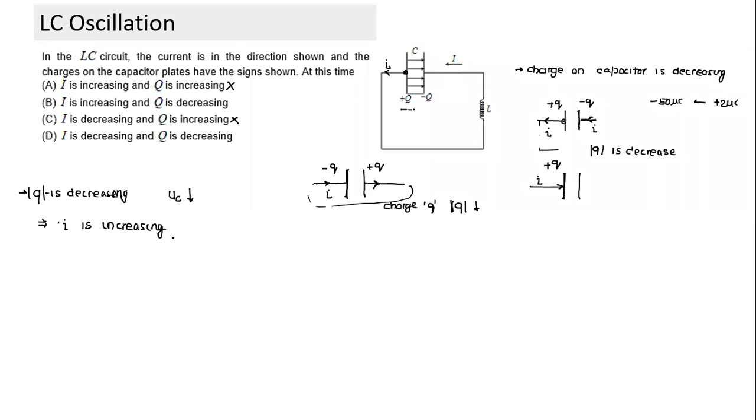If one form of energy is decreasing, the other form must increase. It means the energy stored in the inductor must increase, and energy in the inductor increases only when the current increases. Which option is true here? Q is decreasing and I is increasing.